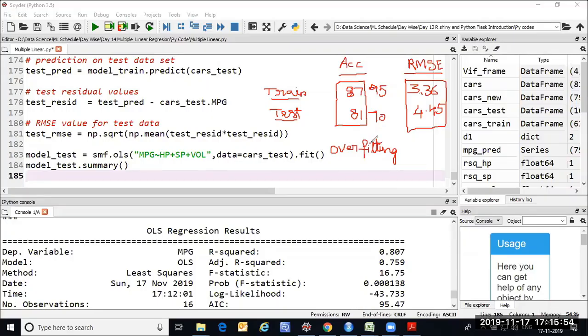That means your model is overfitted towards the training data, but it fails to perform to the same level on the unseen data or test data. This is a problem that we need to deal with.